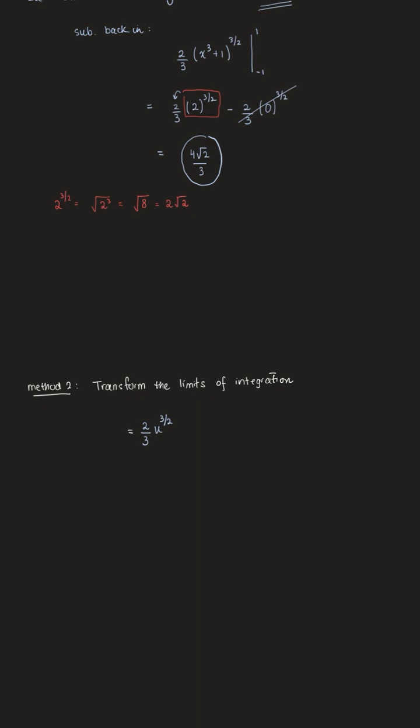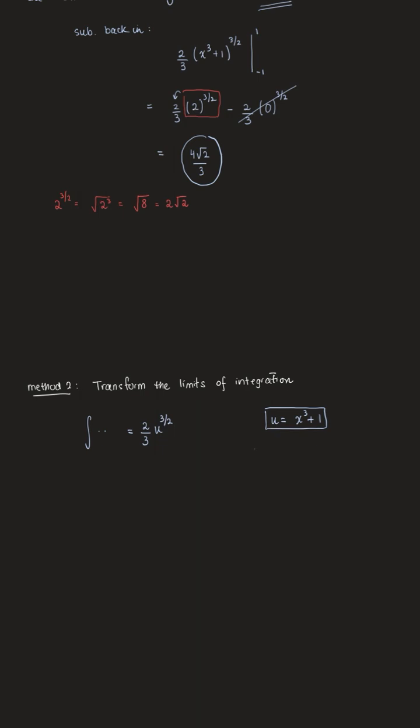So far that's what we've got. And recall that our u substitution was u equals x cubed plus 1. So we go back to this u substitution and consider our limits of integration.